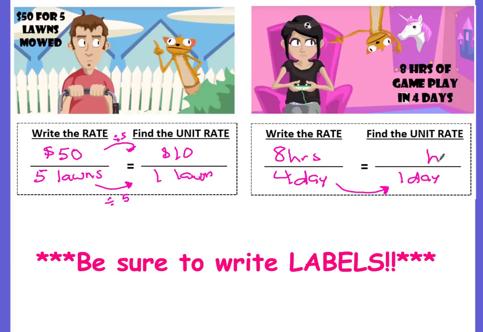How many hours of gameplay did she get in 1 day? So we divide by 4. 4 divided by 4 gives us our 1 and we have to do the same thing to our 8 hours. Divide it by 4, and she gets 2 hours of gameplay per day. Again, very important, write this down. Be sure to write your labels.